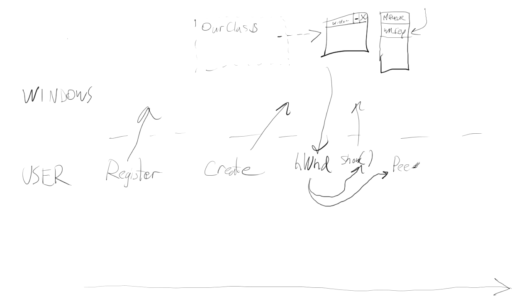And when we call PeekMessage with our hWnd, it checks the message queue, and if there is a message there, it will erase that message and put it in our message structure.